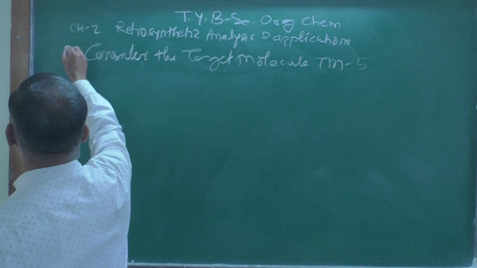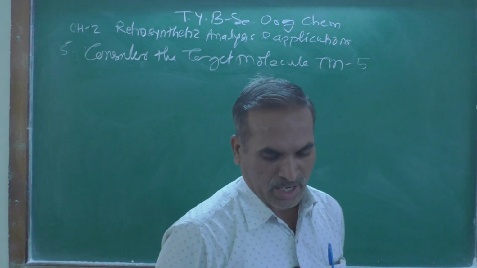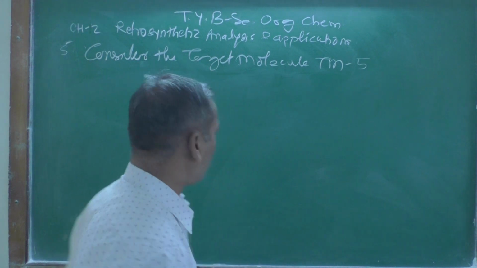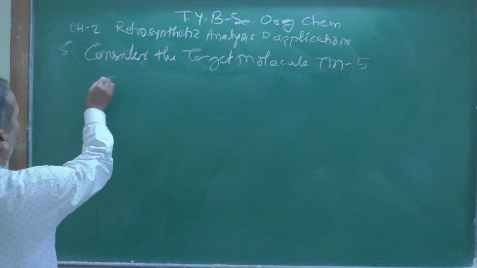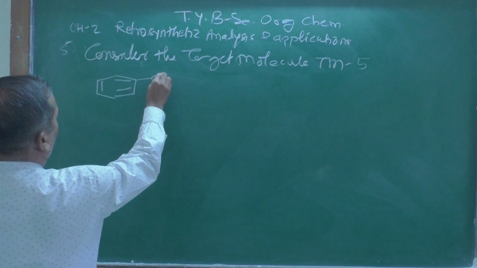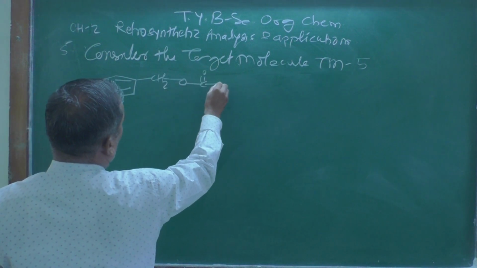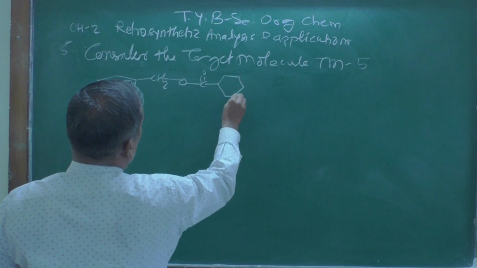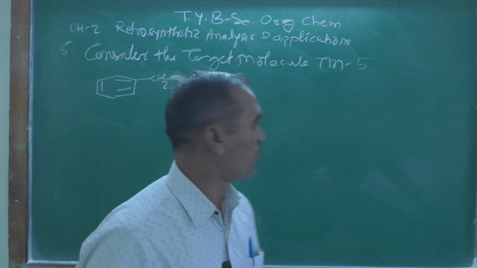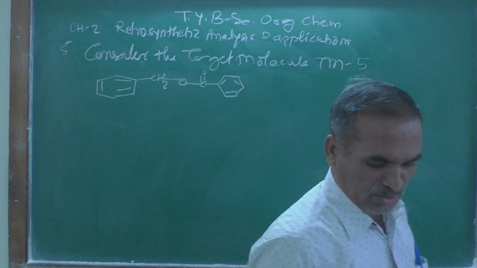Consider the target molecule, TM number 5. Let me draw it here: this one, then CH2O, then C double bond O, and on both sides there are benzene rings.